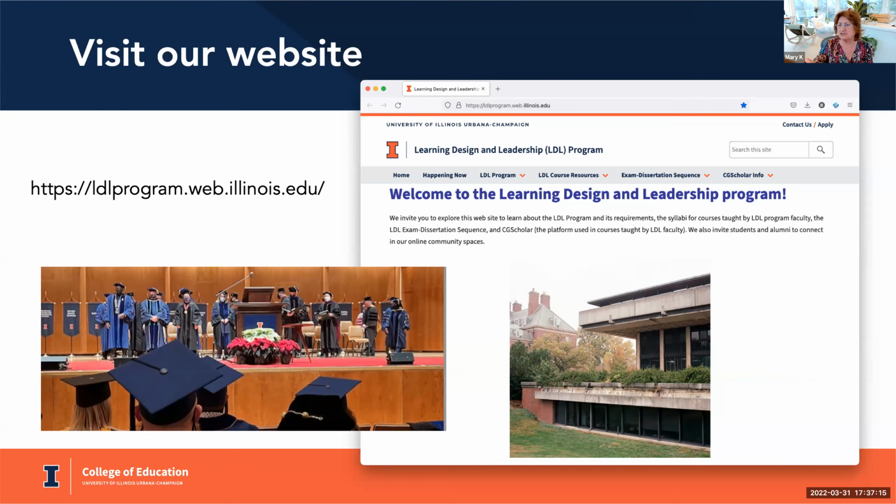And we scaffold your journey in the EDD. In the EDD, we have a six-course dissertation sequence where you work collaboratively with your peers toward the five-chapter dissertation: your literature review, your methodology, your analysis, your findings, right? But that is scaffolded.